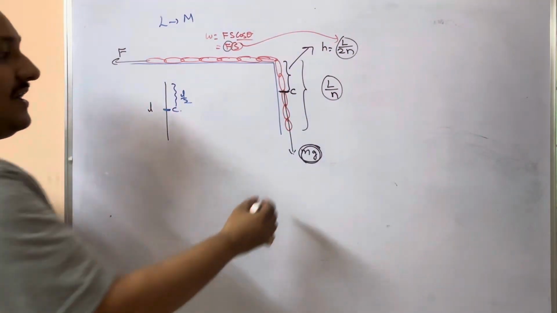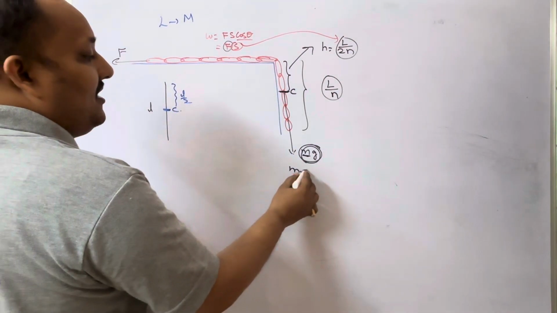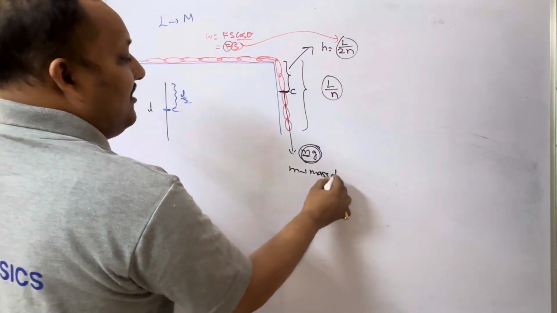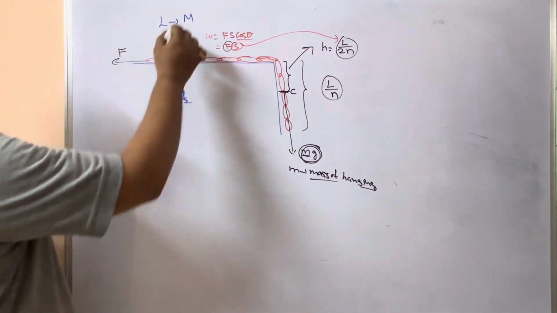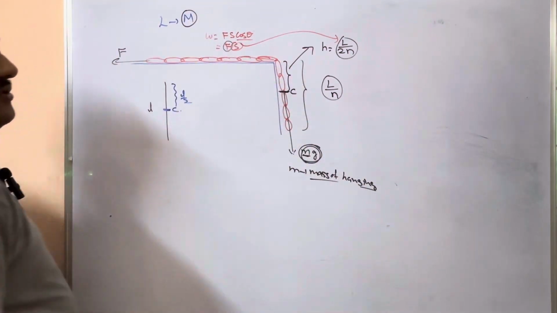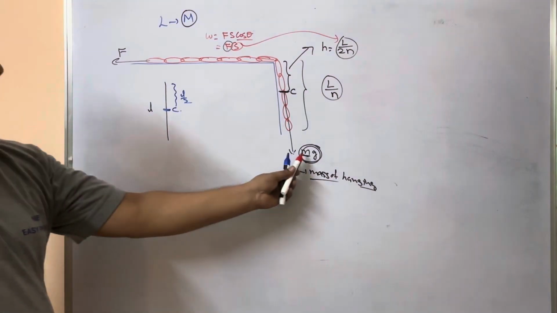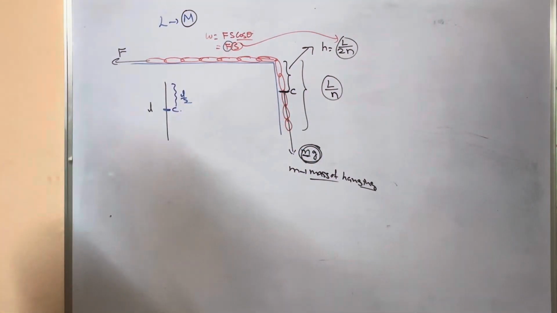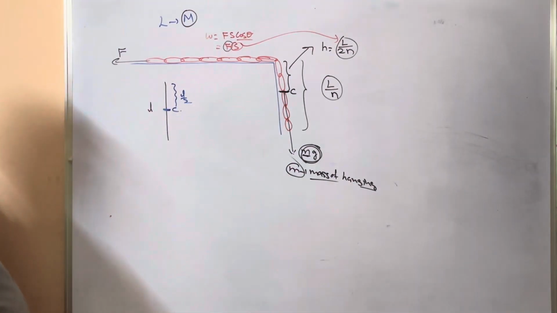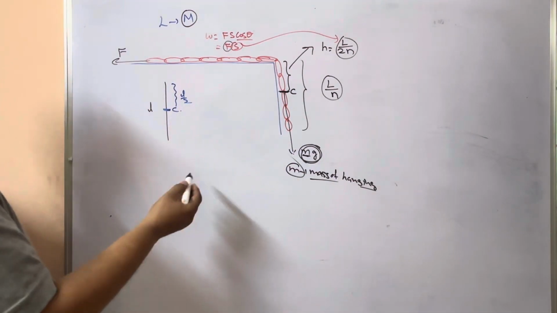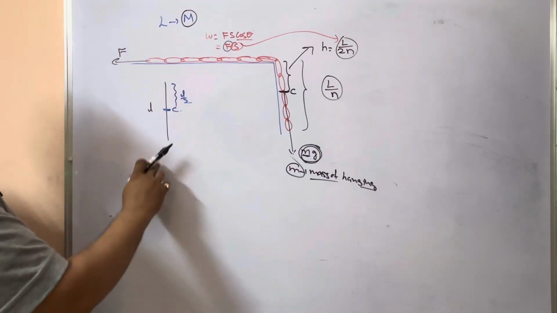Now, what is small m here? Small m is the mass of the hanging portion, and capital M is the mass of the total chain. If you know small m, you will get the answer. How do you calculate it? Like apple problems: 1 apple 10 rupees, 10 apples how much?